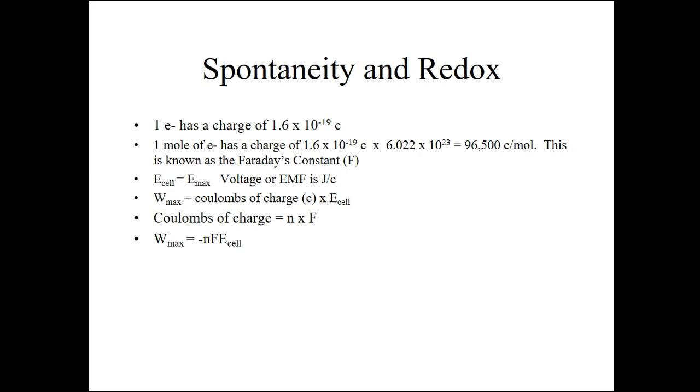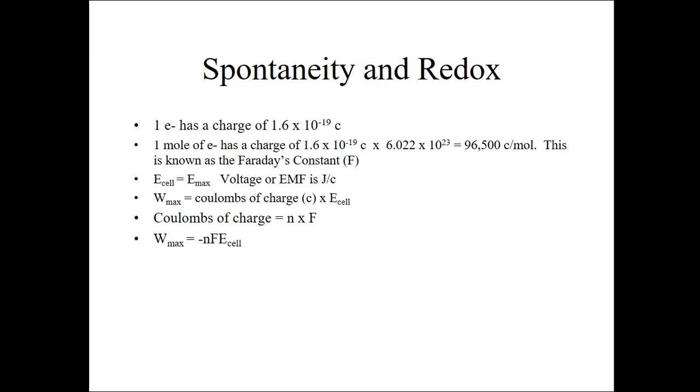And everybody here knows that if the change in the Gibbs free energy is negative, a process is spontaneous. Remember, the change in the Gibbs free energy represents the energy that is available to do work. So, if there is energy available to do work, a process will be spontaneous.